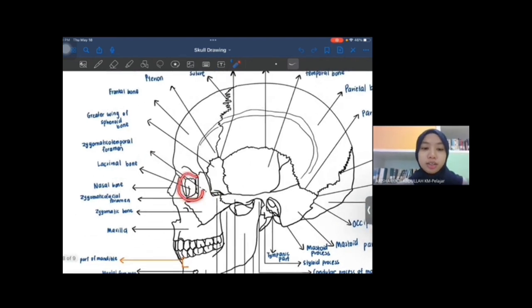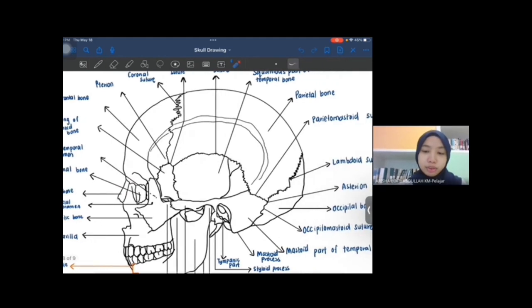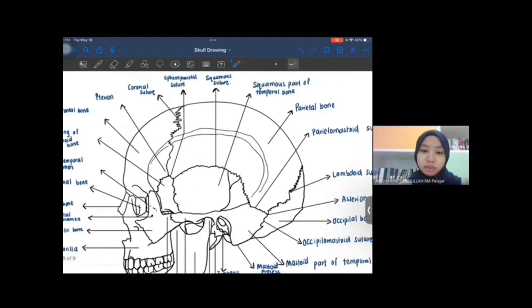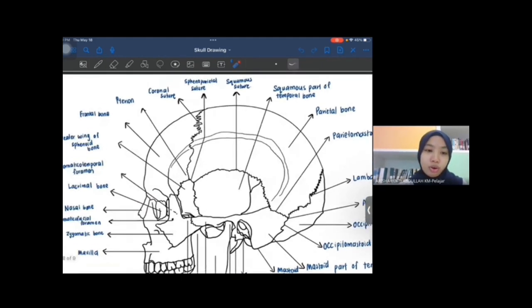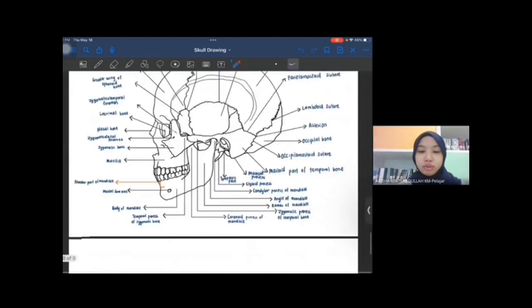Towards the eye, it consists of lacrimal bone, and this is the nasal bone. Beside the temporal bone, it consists of greater wing of sphenoid bone, and here is the pterion.